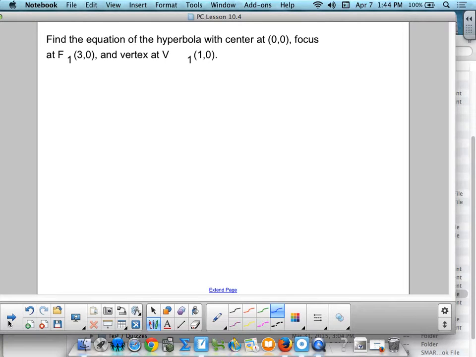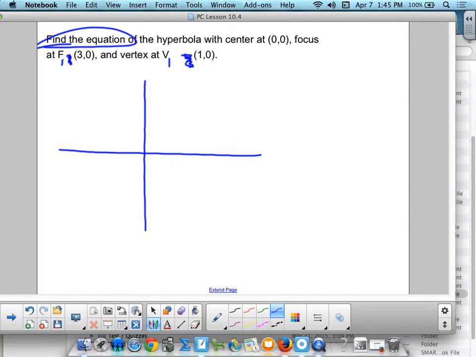Find the equation of the hyperbola with the center 0, 0, focus 3, 0, vertex 1, 0. If I'm you, if I'm just going to write the equation, I'm going to make a quick sketch of what they just said. Here we go. Center 0, 0, focus 3, 0, vertex 1, 0.